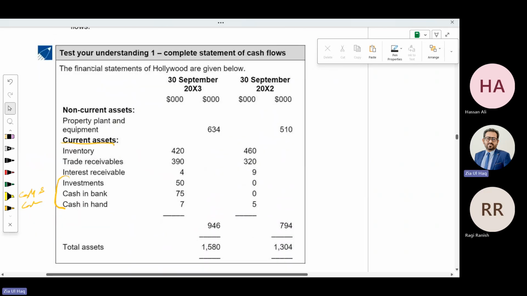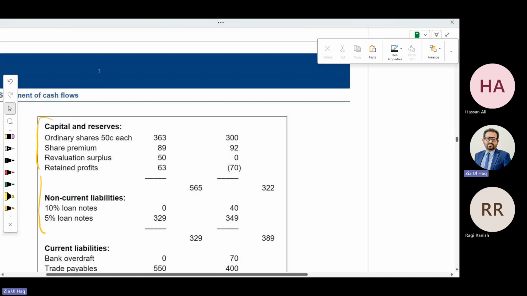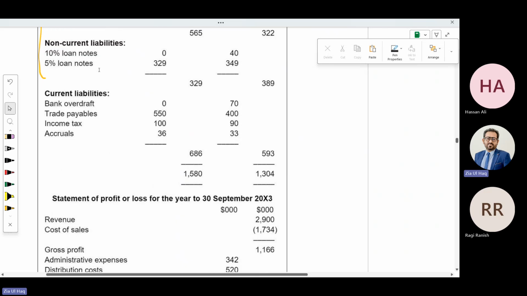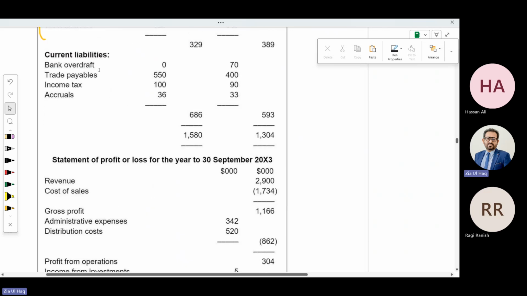The data we have for 20x2 and 20x3: property, plant and equipment, current assets, share capital, share premium, revaluation, retained earnings, non-current liabilities, loan note 10%, 5%, bank overdraft, payable, income tax payable, accruals, meaning accrued expense.